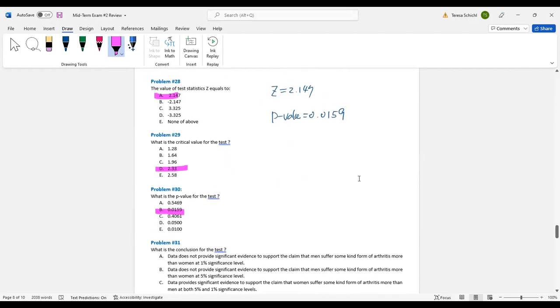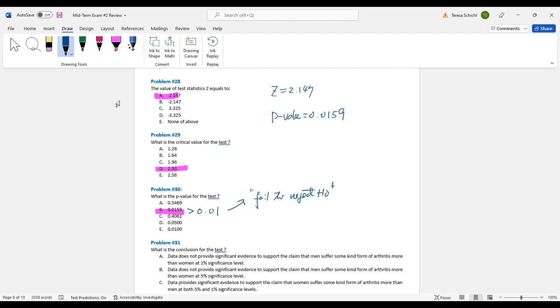All right, my p-value is 0.015. So it's greater than 0.01. So if it's greater than 0.01, what do we conclude? We fail to reject H0. Okay, so if the p-value is greater than the significance level, we fail to reject H0 here.